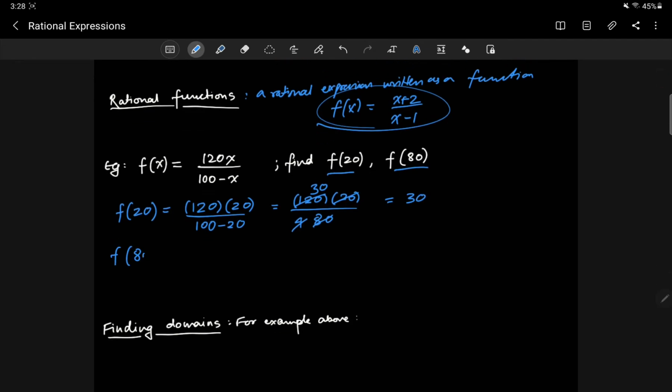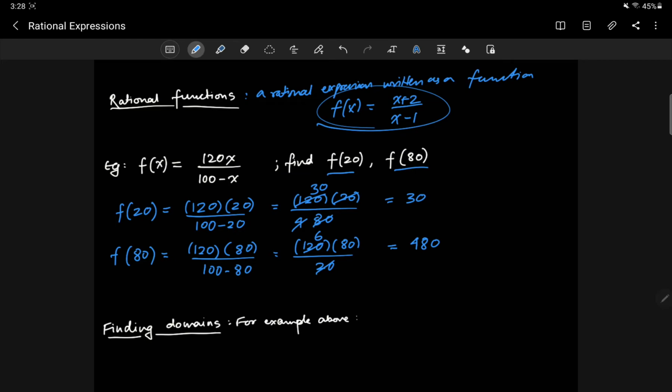And f of 80 is 120 times 80 over 100 minus 80, which is 120 times 80 divided by 20, which divides 6 times to get 480.